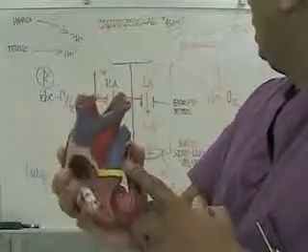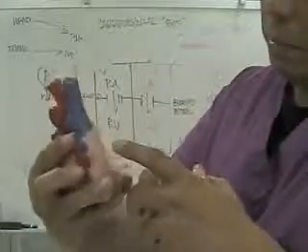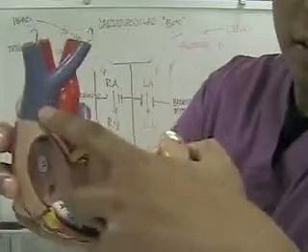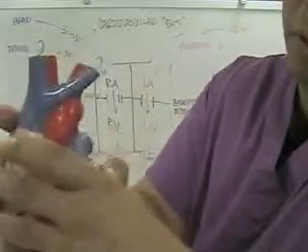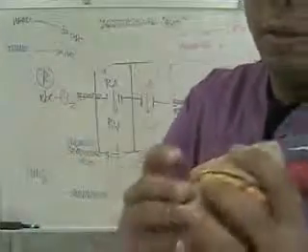Okay? And then you can see here, here's a nice example. You have these branches here. This is more up front. If you look at it, this is your superior vena cava. And then you've got your inferior one coming down here.